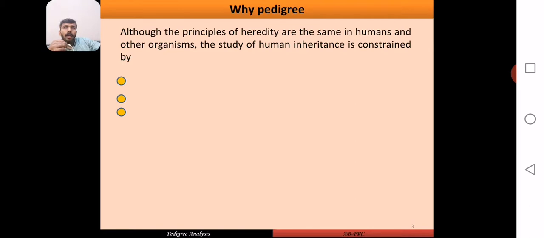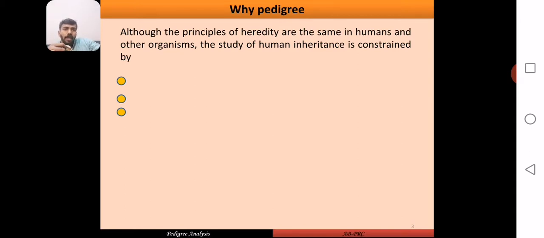It's because for the Mendelian studies, it was possible to study the characters through genetic crossing, okay, or through the studies of artificial crossing and all the various experiments which Mendel was performing, right?